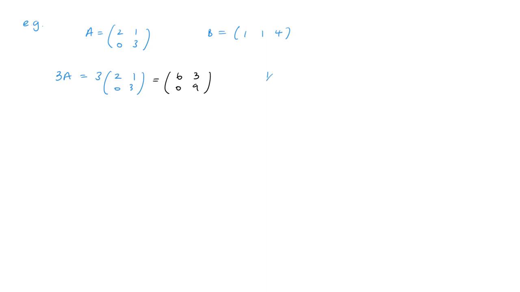You could also have things like a half B. That is a half times matrix B, which is a half, and 2. Very straightforward.